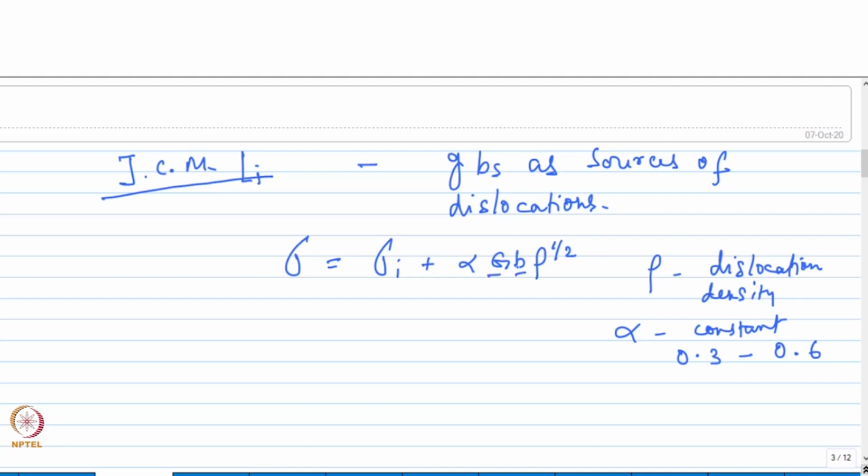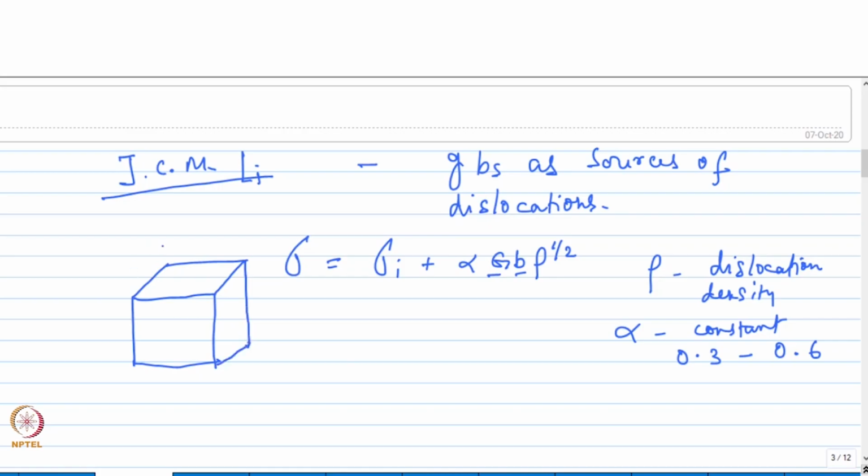Okay. So now this theory considers the grains as cubic in shape. So let's say we have a grain like this with a particular size, which is defined by the sides of this cube.